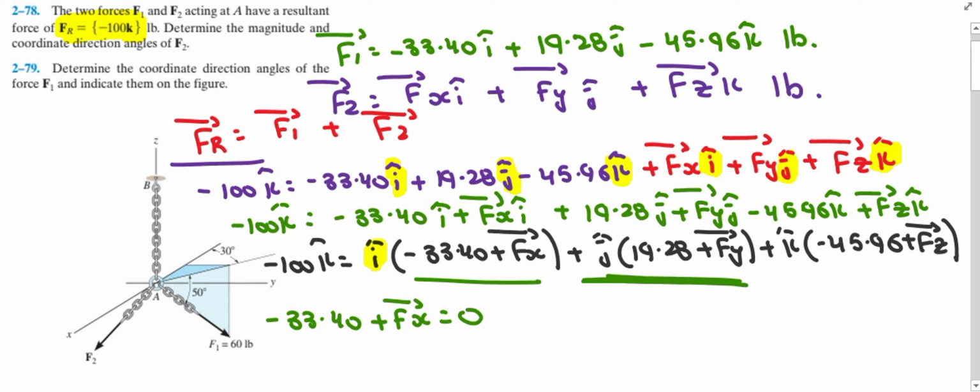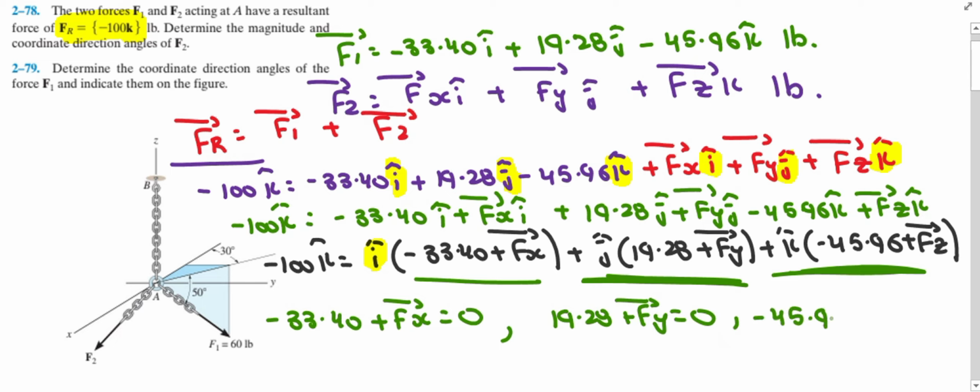On the opposite side there is no j component present, so this becomes 19.28 plus Fy equal to 0. And similarly, compare this k to the opposite side of k. On the opposite side, there is k present, so this becomes negative 45.96 plus Fz, which is equal to negative 100. I erased some extra things from here.